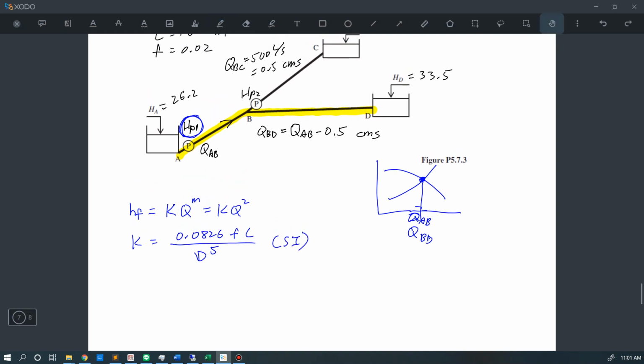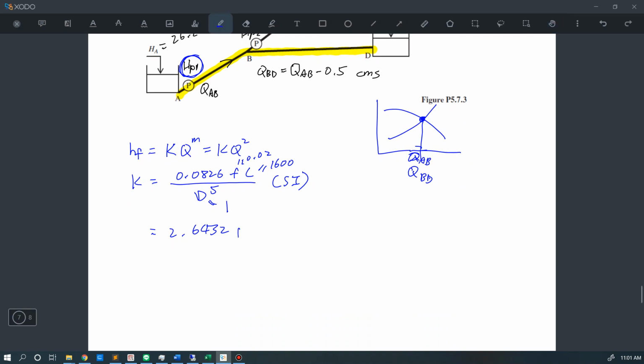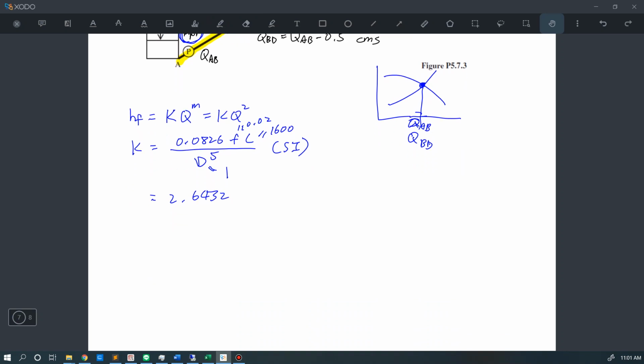And we know the factor F is equal to 0.02, L is equal to 1600, diameter is equal to 1. So we can know the K value is equal to 2.6432. Just a number, it's a factor.